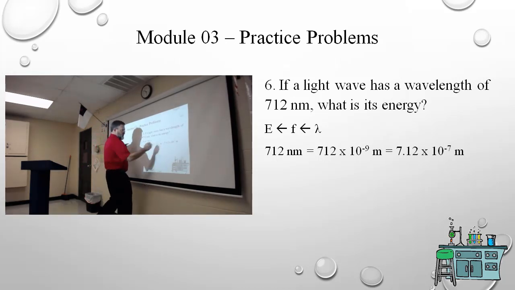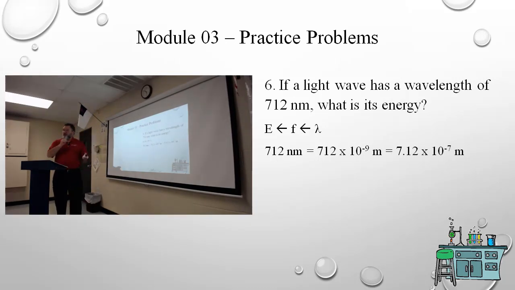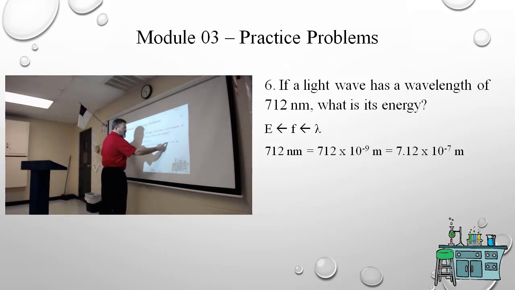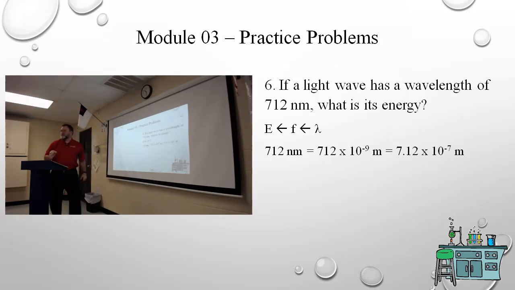712 becomes 7.12. When we change its form to 7.12, we've made this appear smaller by 2 places. We need to make this appear larger by 2 places, which takes it from negative 9 to negative 7. Okay? So 7.12 times 10 to the negative 7 meters is the same as 712 nanometers.